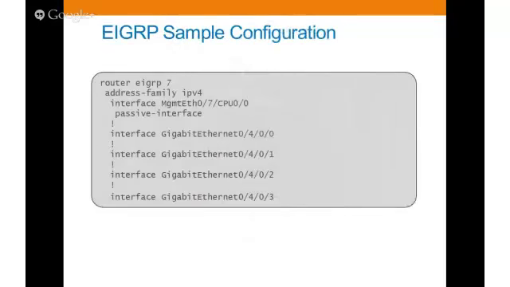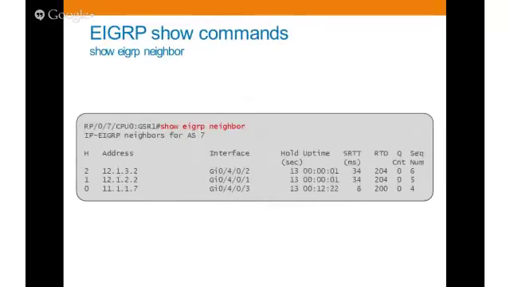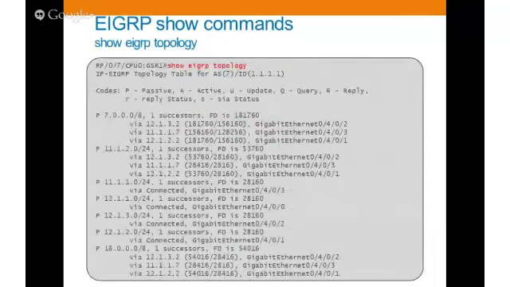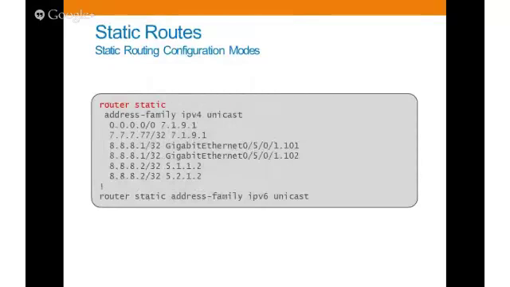One of the sample configurations for router EIGRP is present on the screen. For show commands, instead of show IP neighbor as in IOS, you omit the keyword IP and you get all the IOS XR commands. All the same, it gives you the exact information that you would get in a particular IOS router.